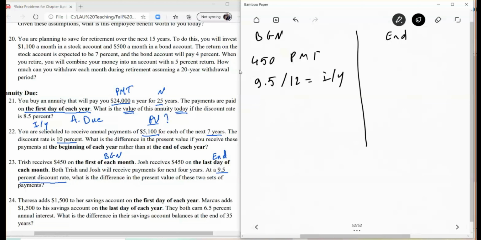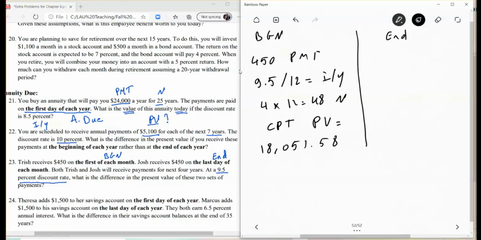I have N is 4 times 12, so 48 is N, and I compute PV. In this case, PV is 18,053.58.